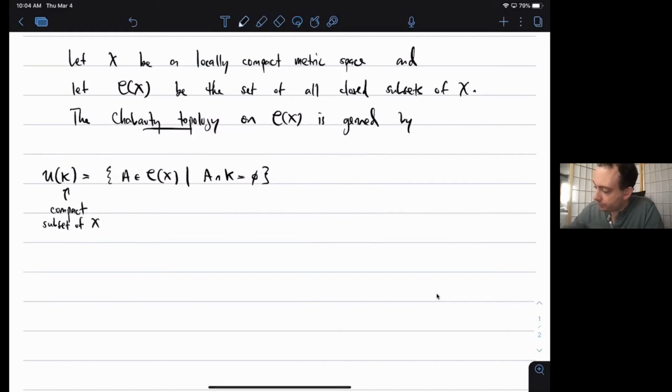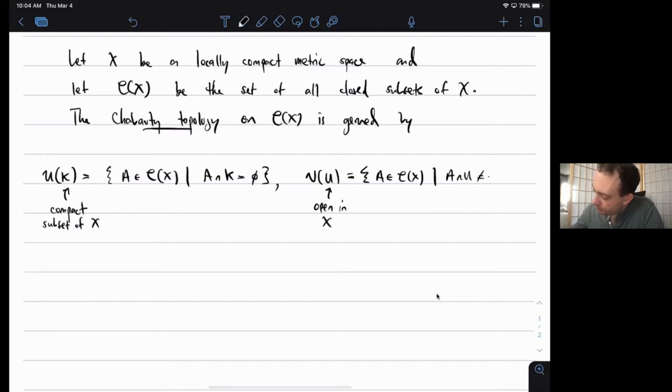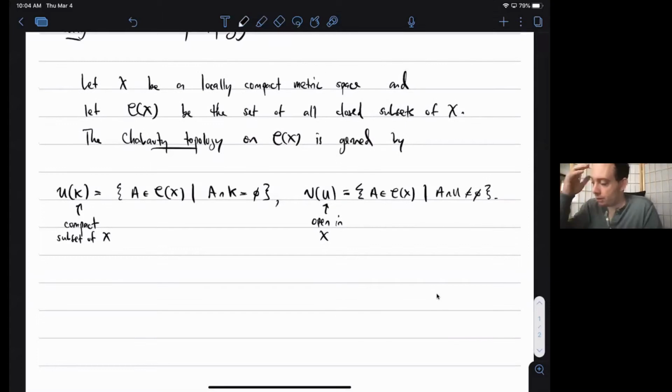The other kind of basic open set we call V of U, where U is an open subset of X. And this is just all A in C of X where A does intersect U.